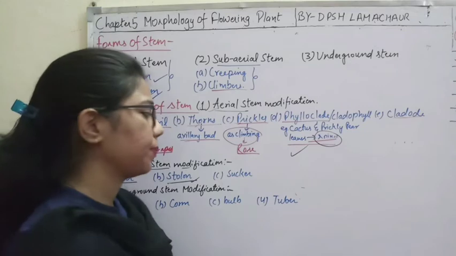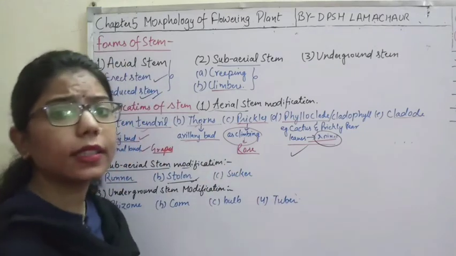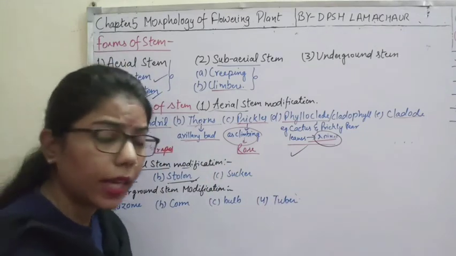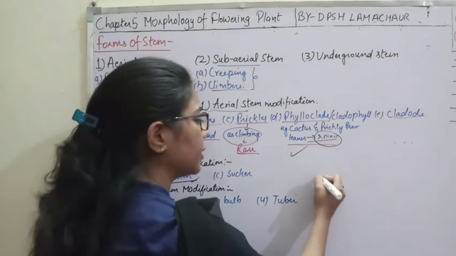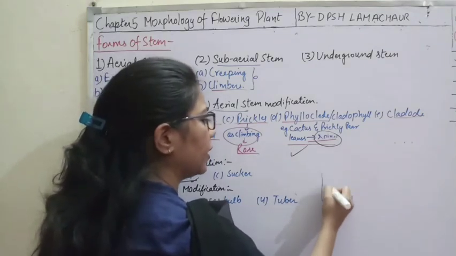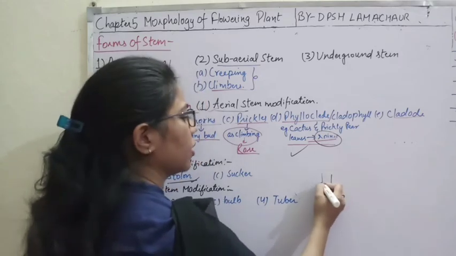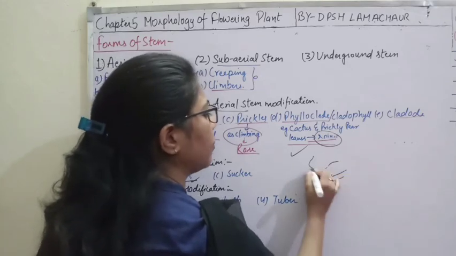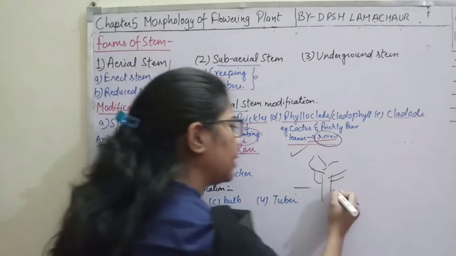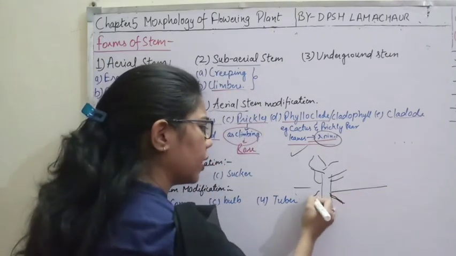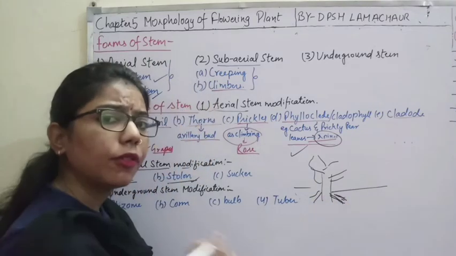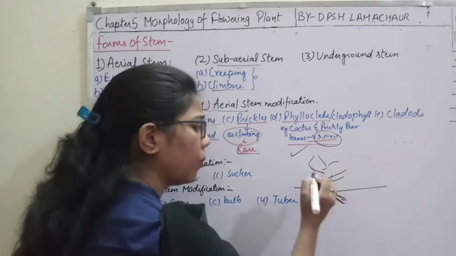You can see suckers in the case of chrysanthemum. If any plant is there, what happens at the ground level? It gives rise to a stem from this part.